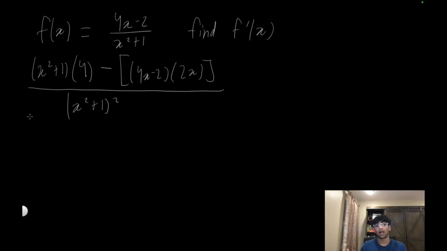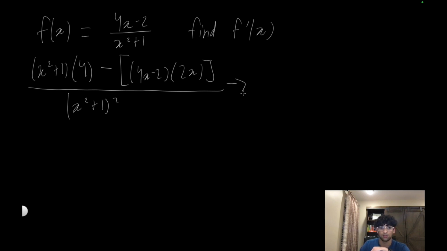What I like to do is keep it in the back of my head that you have to divide your answer by the square of the denominator. So when I write my final answer, I just make a mental note to slap in the bottom squared. But because I'm teaching you the quotient rule, I want to write out every single step so you don't get confused. So we could simplify this.